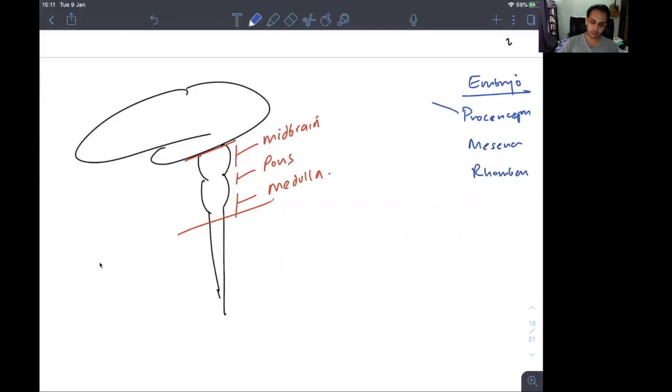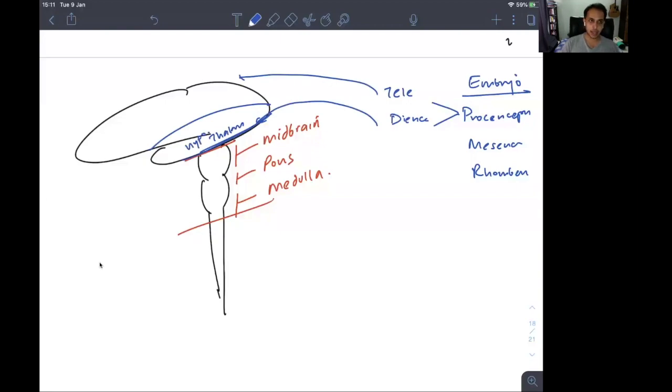The prosencephalon will have the telencephalon and the diencephalon, and both will end up forming the cortex and the subcortex till the part of the thalamus and hypothalamus. And the brainstem downwards is from the mesencephalon.